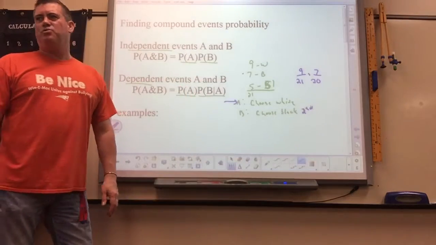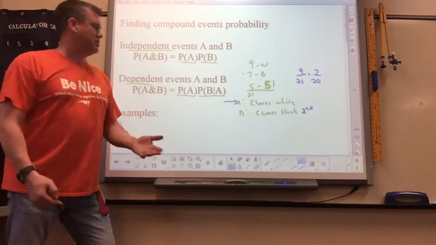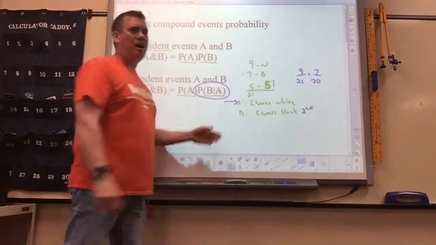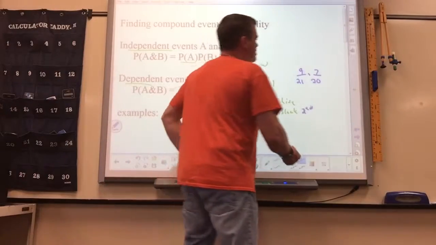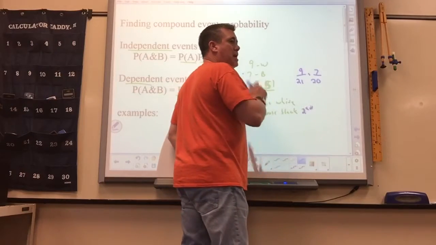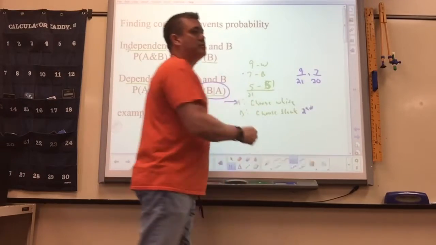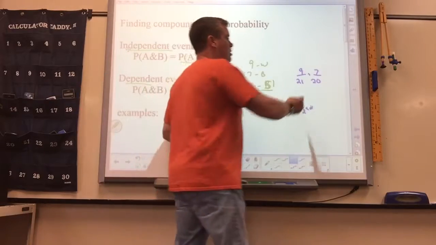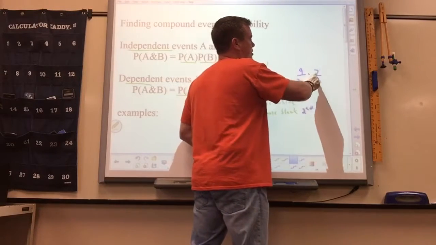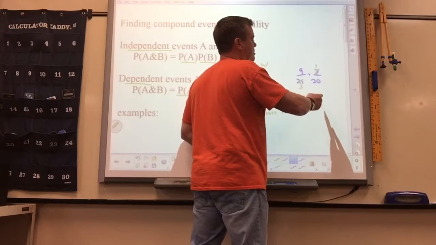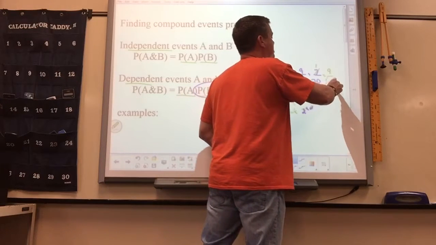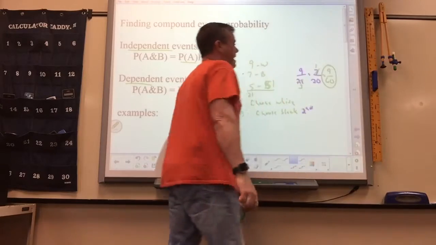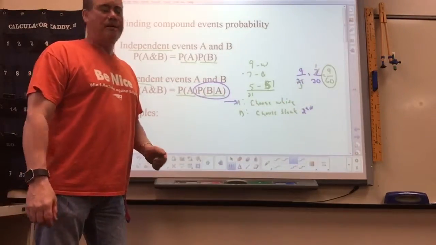So that's all it is. It's really the same concept. It's just you got to subtract one off because one is taken out and not replaced. So when you do this, it's top times top, bottom times bottom, but you're going to want to simplify. You can cross cancel here, 7 goes into there once and into there 3 times. So top times top is 9, bottom times bottom is 60. So it's 9/60ths, okay?